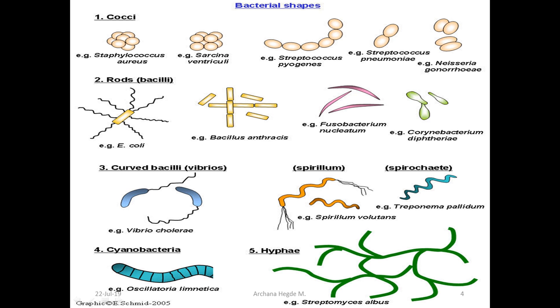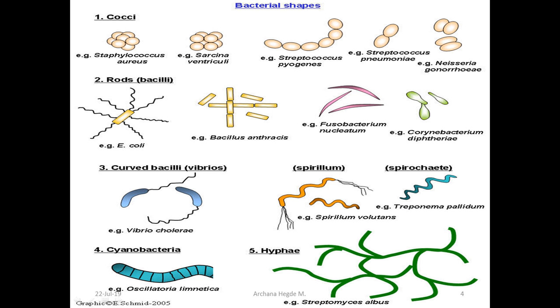Coming to the rods, which are called bacilli, where a single one is called bacillus, for example E. coli. Many bacilli in a group or in a chain are called Bacillus anthracis. In a crescent shape form you call Fusobacterium. In fungi, Fusarium is also in the same shape. This is called Corynebacterium diphtheriae.